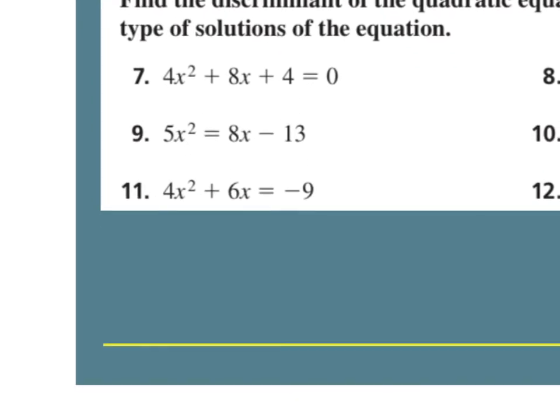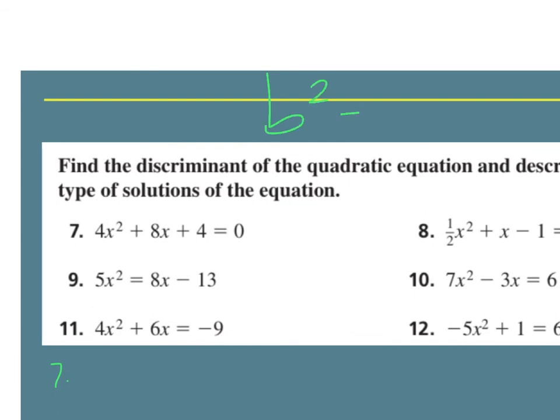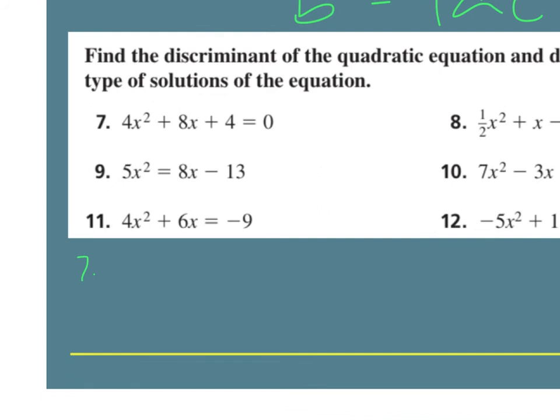So let's look at number 7. I'm going to write our formula up at the top. We have b squared minus 4ac. What's our b in number 7? 8. So 8 squared minus 4 times, what's our a? 4. And what's our c?